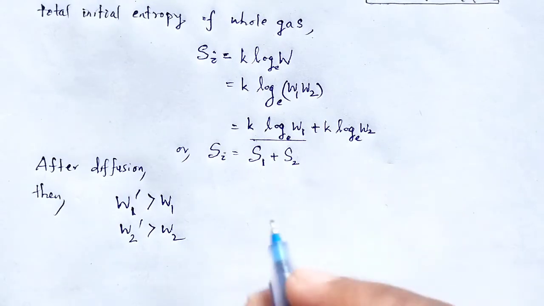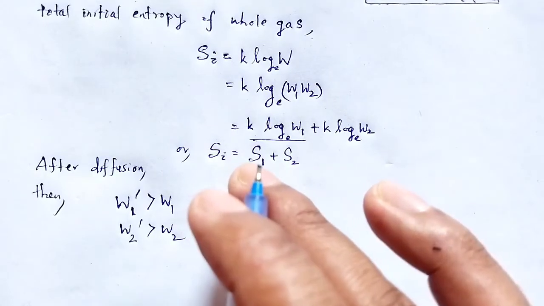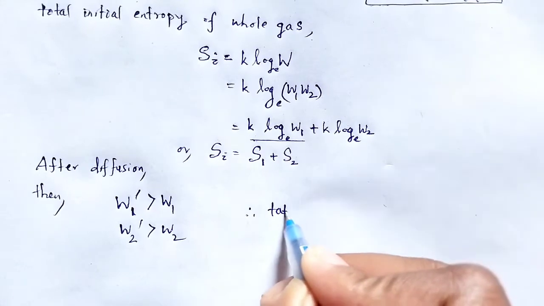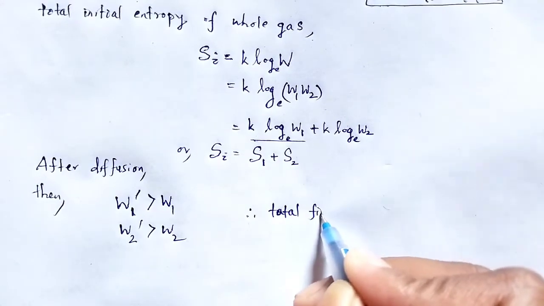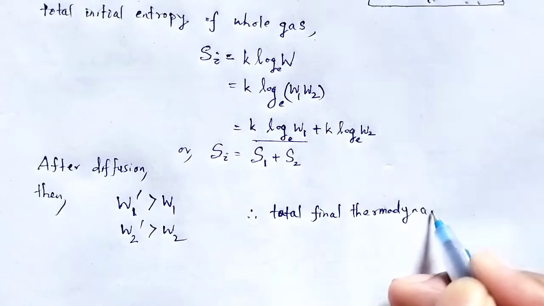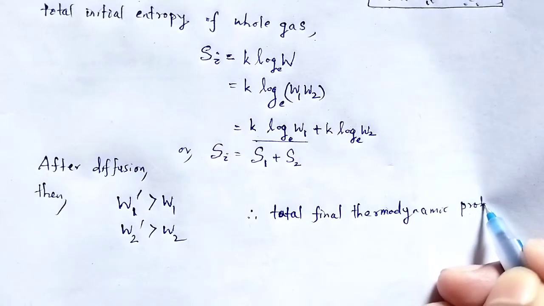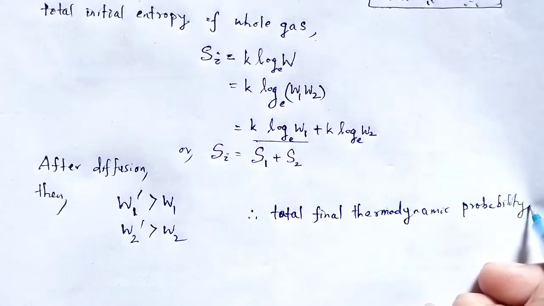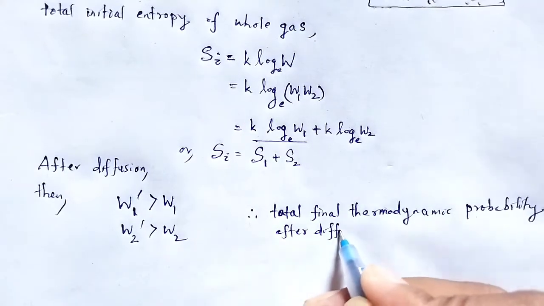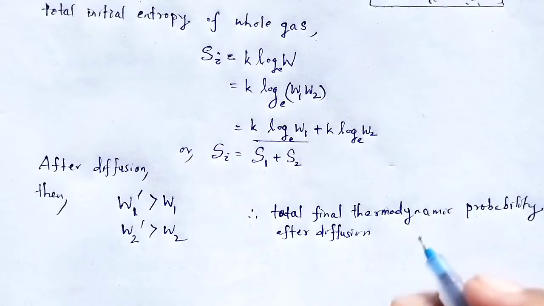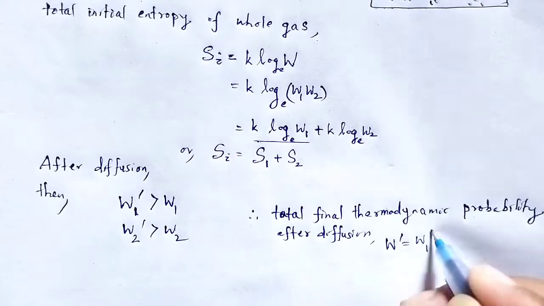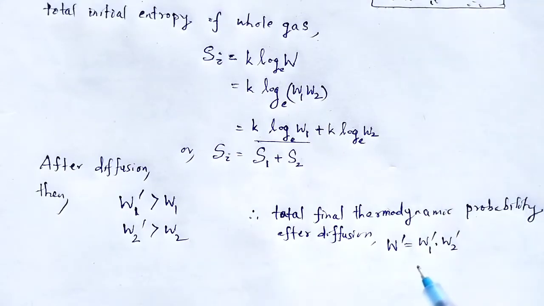Therefore the total final thermodynamic probability after diffusion is W dash equal to W1 dash into W2 dash.